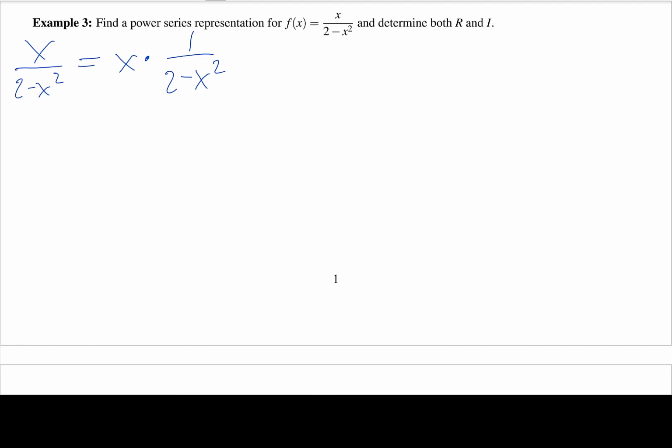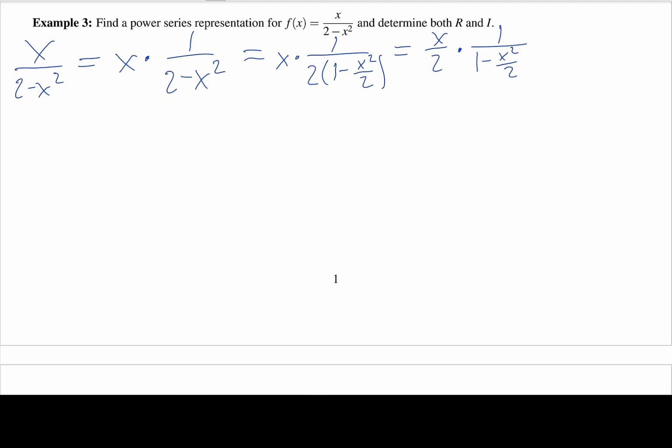Right, if I have 1 as my a on top, then it makes my power series a little bit easier to work with. So this could be written as x times 1 over 2 times 1 minus x squared over 2. Okay, well this is the same thing as x over 2 times 1 over 1 minus x squared over 2.